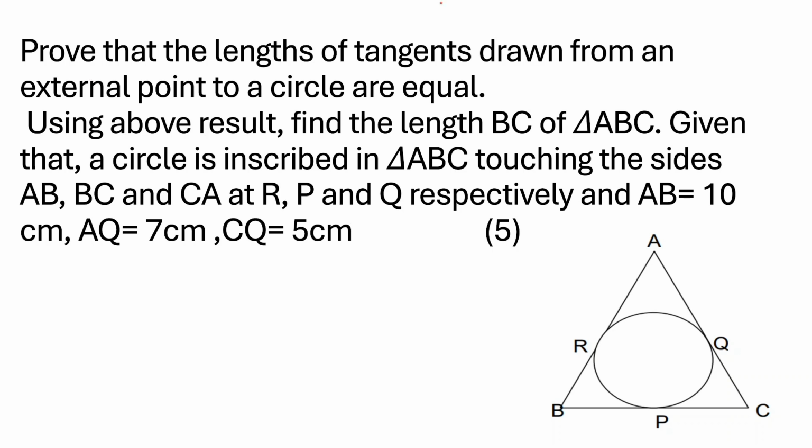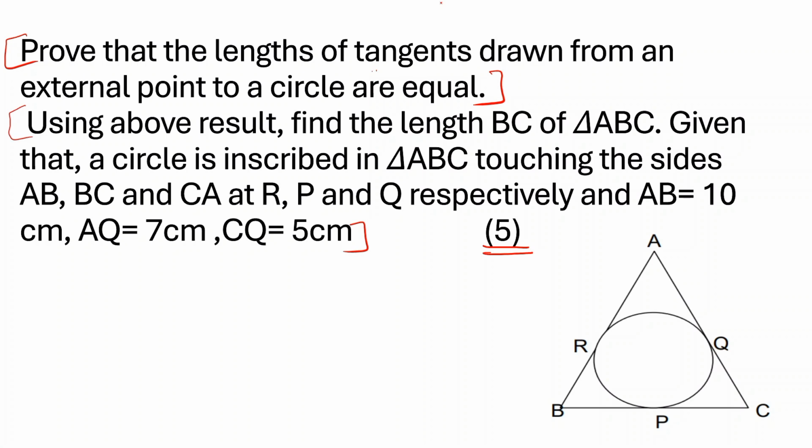And the first part of this question I have already done in the previous video. I'll share the link in description also, and I'm just doing the second part of this question here, and if you write completely, then only you'll get 5 marks for this question. So please prove this first. I'm not doing here because I already did that.